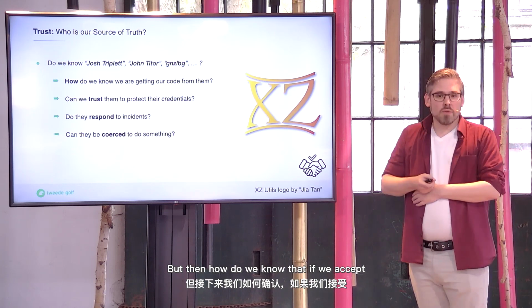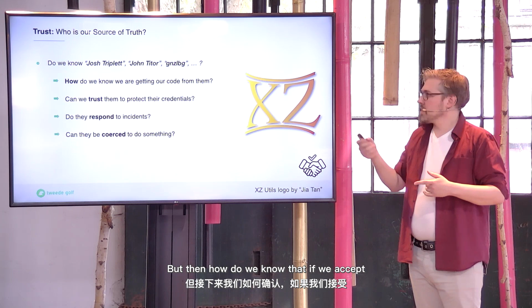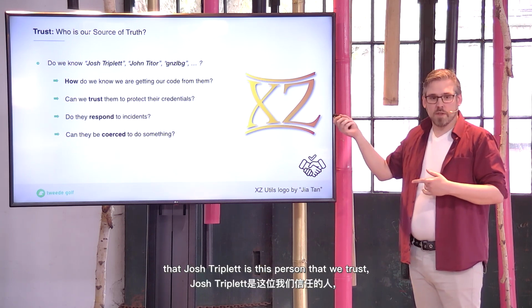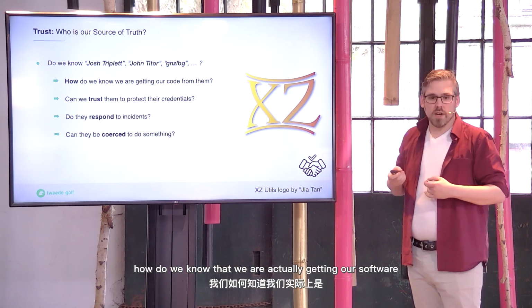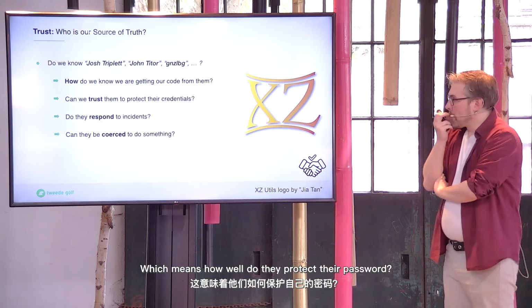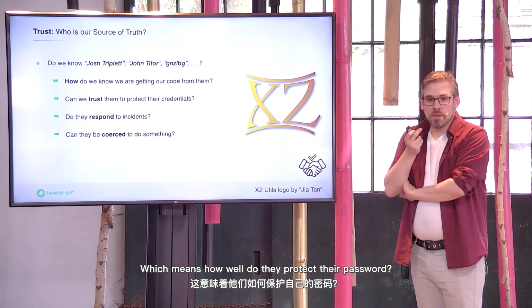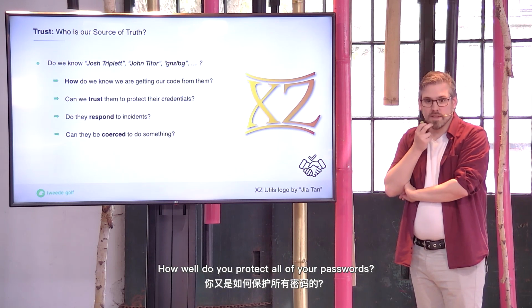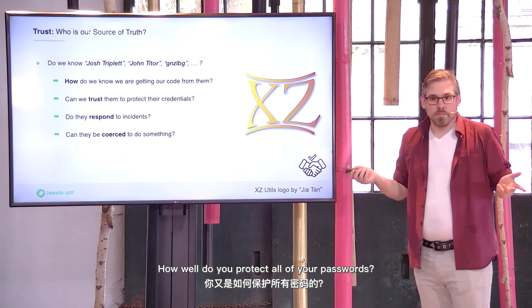But then how do we know that if we accept that Josh Triplett is this person that we trust, how do we know that we are actually getting our software from their computer? Which means, how well do they protect their password? How well do you protect all of your passwords?